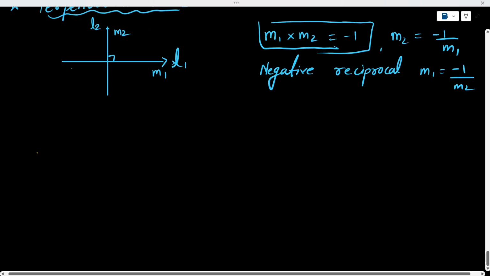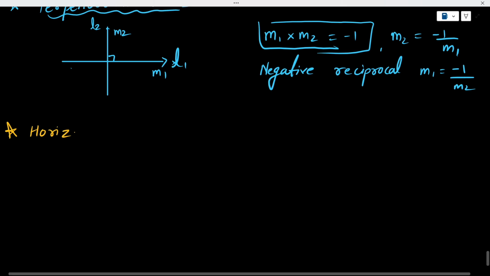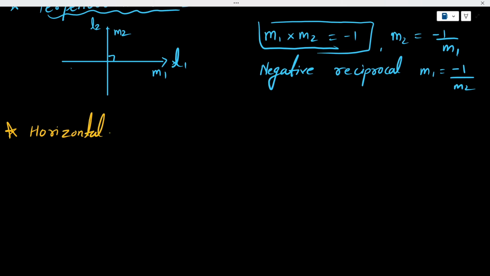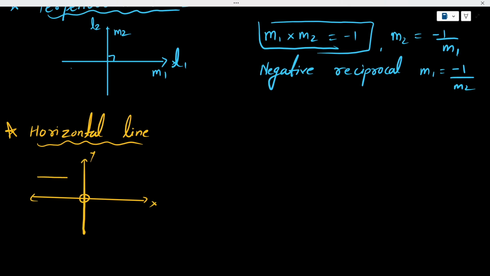Now, how do we find the gradient of a horizontal line? Horizontal lines are parallel to the x-axis. If I have x and y axes, and this is any line parallel to the x-axis, whether above or below, in the positive or negative direction of y.